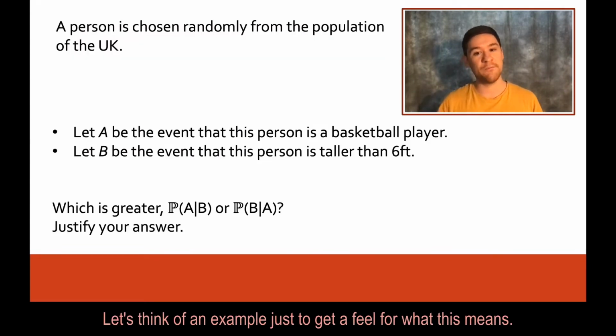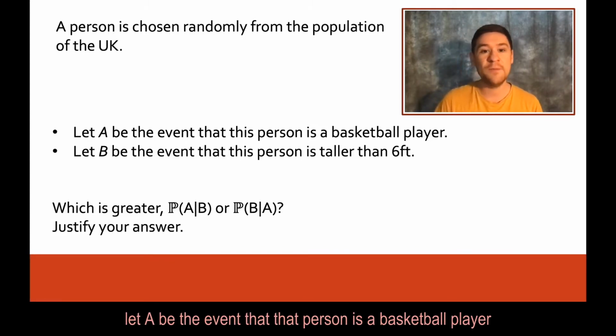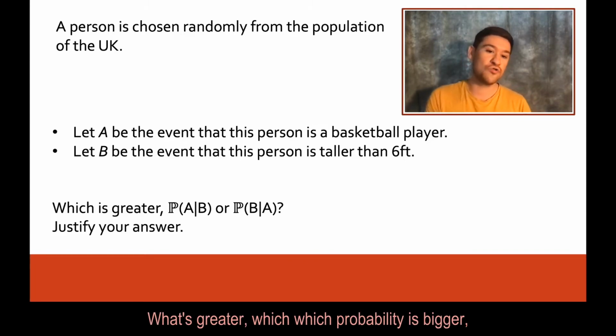Let's think of an example just to get a feel for what this means. A person is chosen randomly from the population of the UK. Let A be the event that that person is a basketball player. And let B be the event that that person is taller than 6 foot. Which probability is bigger?